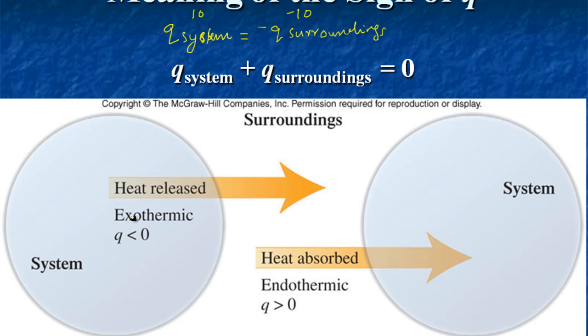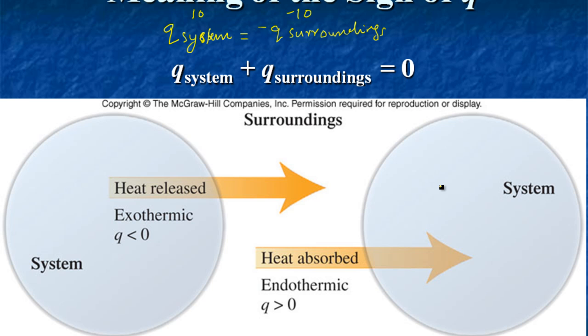So, in an exothermic reaction, heat is released, and when you calculate Q, that will always be less than 0. In an endothermic reaction, the system needs heat. We are heating water. Water is going from 25 to 75, so we are supplying heat to the system.